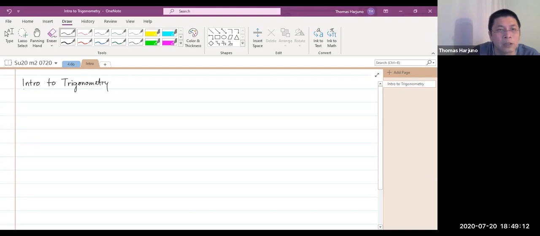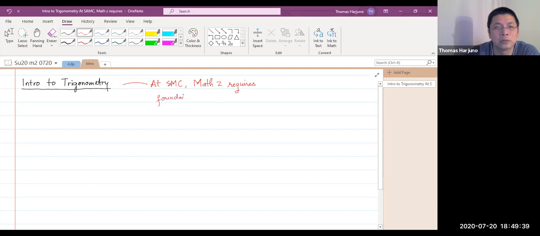Now the thing is, trigonometry, pre-calculus at SMC, requires foundation in Math 20, which is intermediate algebra, or algebra 2 in high school.